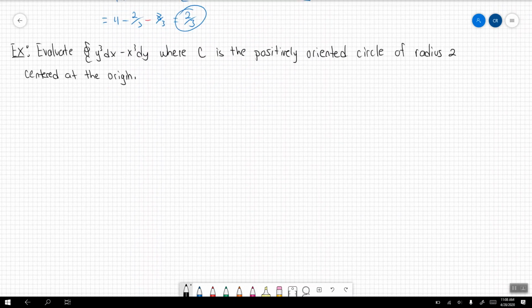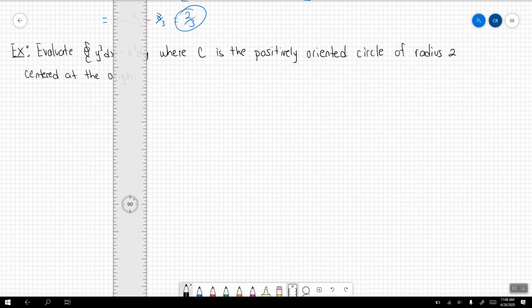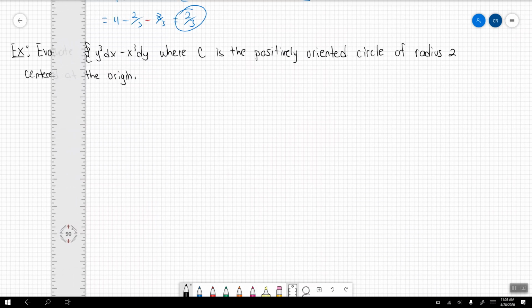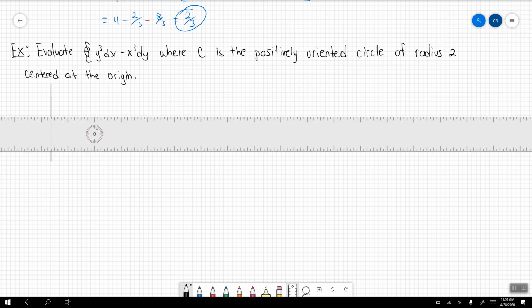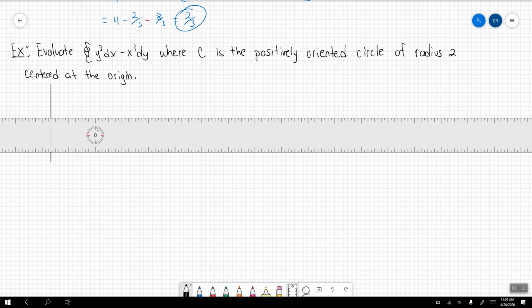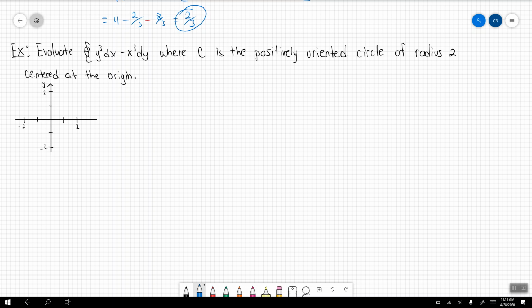All right, nice. So what I'm going to do really quickly is get a grid going. That way I can try to draw this domain or region that I'm going to be integrating over. Here's my grid, and they're telling me that I want some curve that's going to be positively oriented around the circle of radius 2.